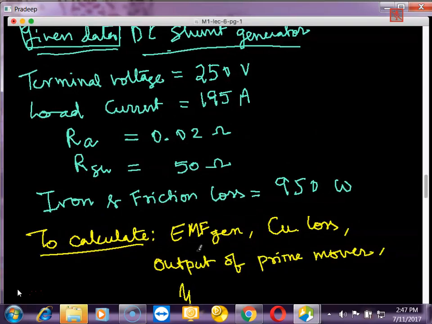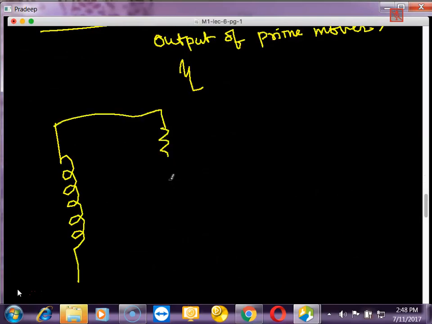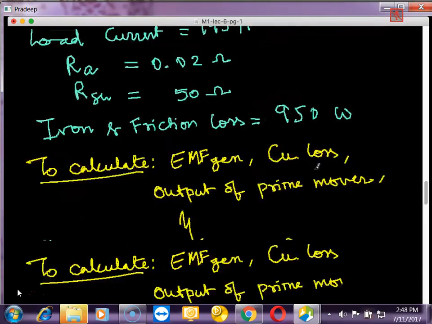So first part is easy, EMF generated. How to know EMF generated? First begin by drawing the circuit. So I have the shunt field winding, then I have the armature resistance, and then I have the armature itself. And then this is the load. The load is taking a current of 195 amperes. And the load voltage given in the question is 250 volts.